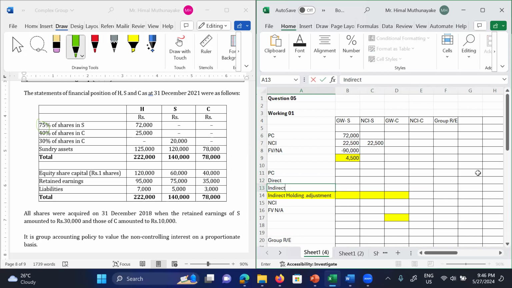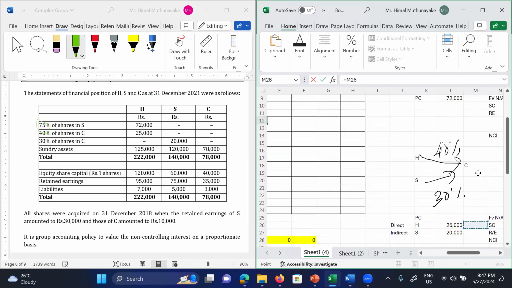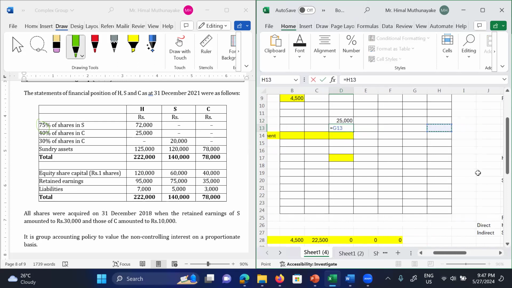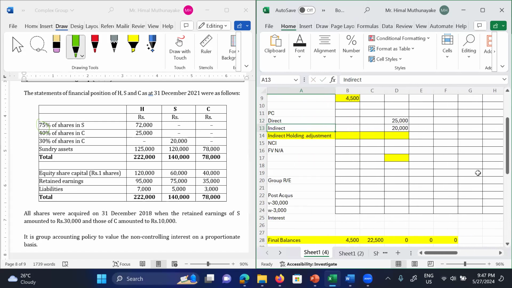The direct one we can directly get, 25,000 as I remember, and the indirect one is 20,000. So out of this 20,000, how much does the parent company contribute?